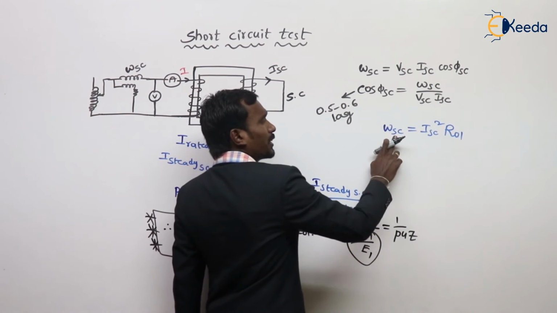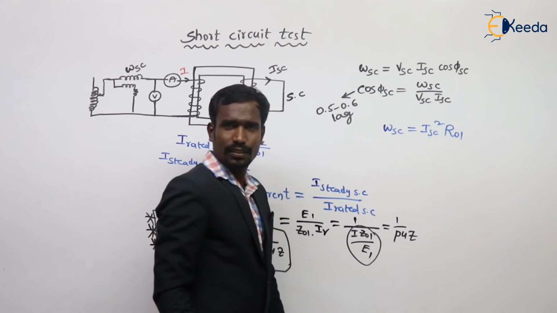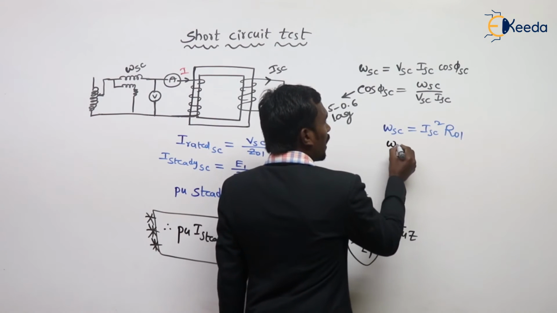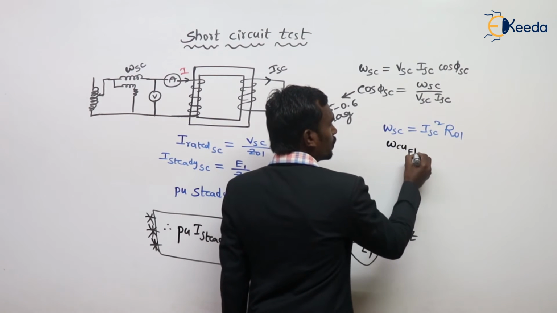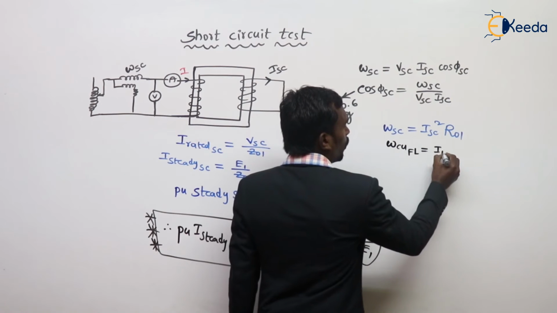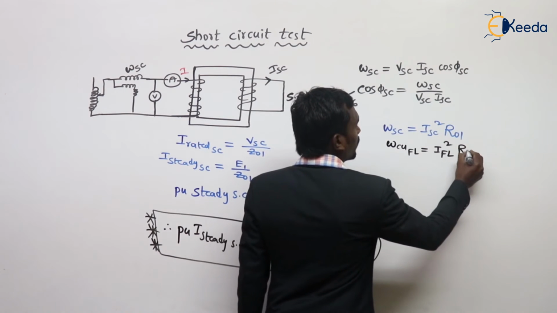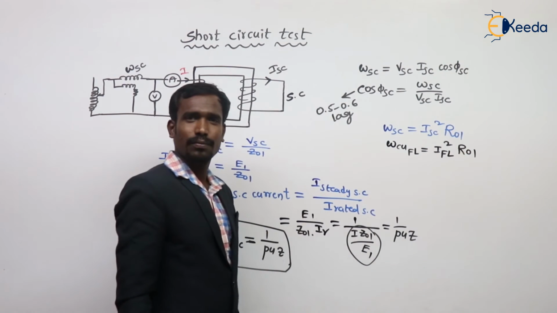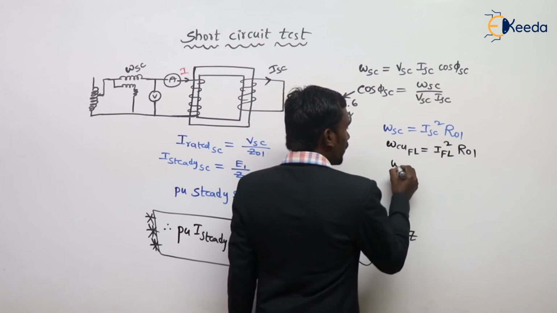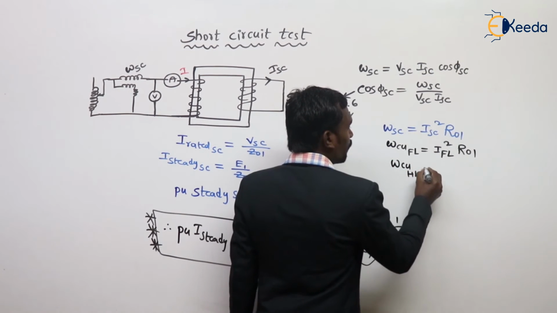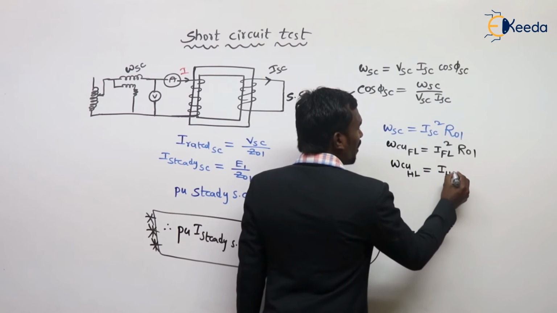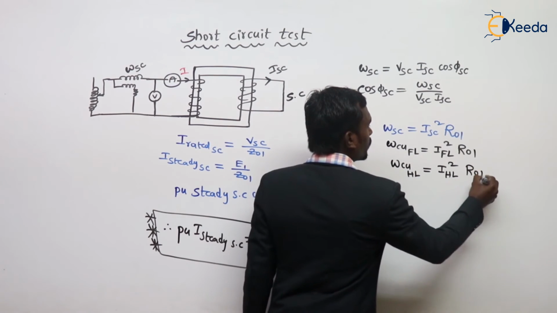If this is the short circuit loss, this is the short circuit current. If I want copper losses at full load, then it is full load current square into R01. Or if I want copper losses at off load, then it is off load current square into R01.